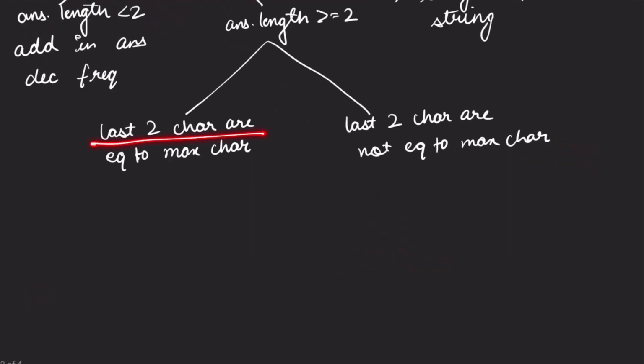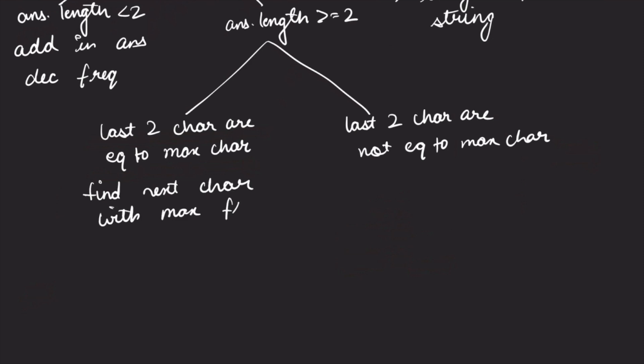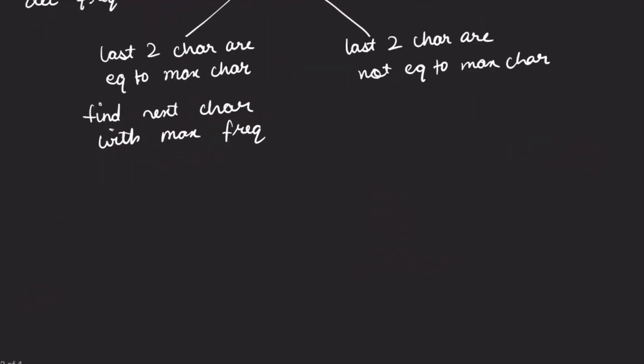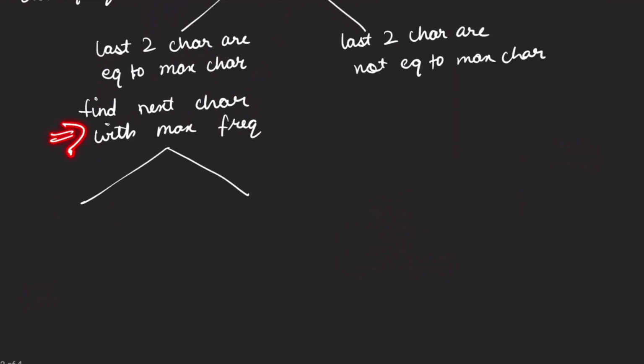So now what will you do in these two cases? When your last two characters are equal to the maximum character, you need to find the next character with maximum frequency, right? Now this also has two cases. One is the case where you do not have any other character, and you are only left with this character.